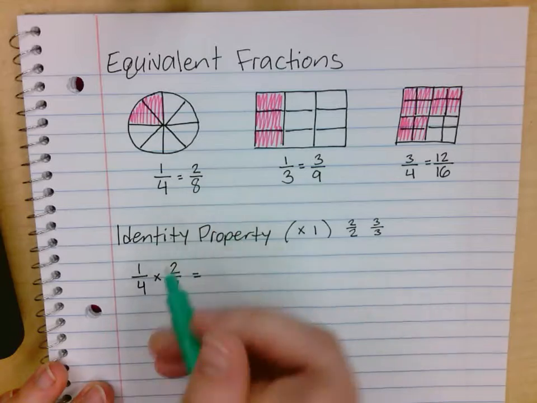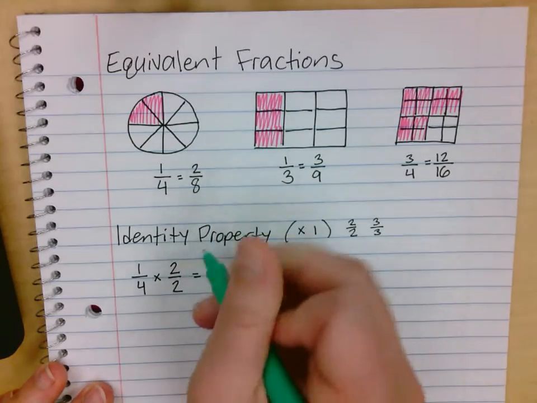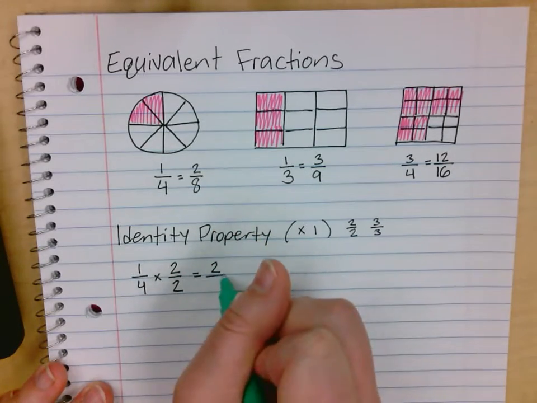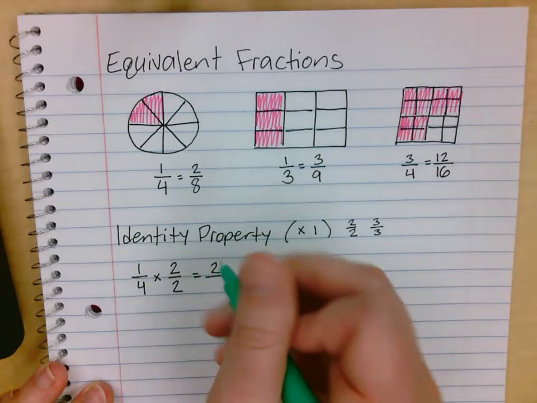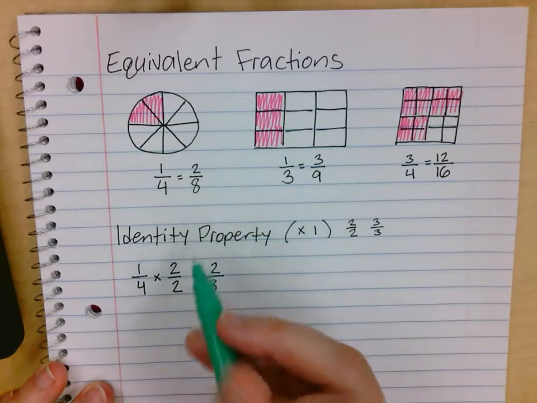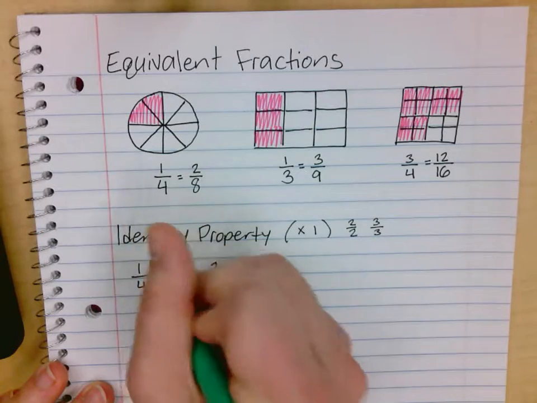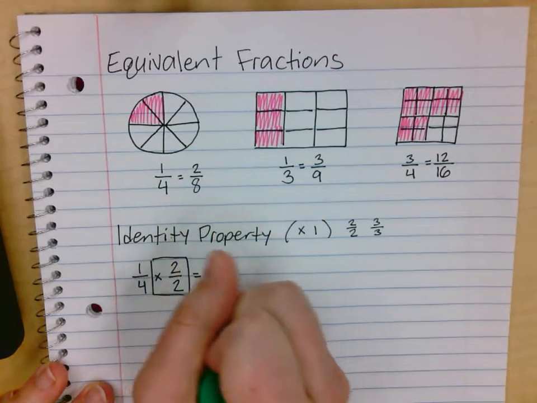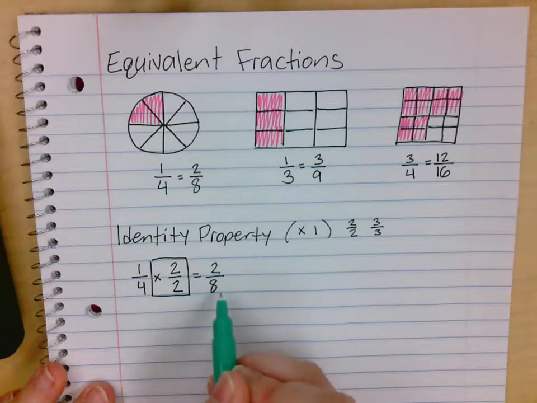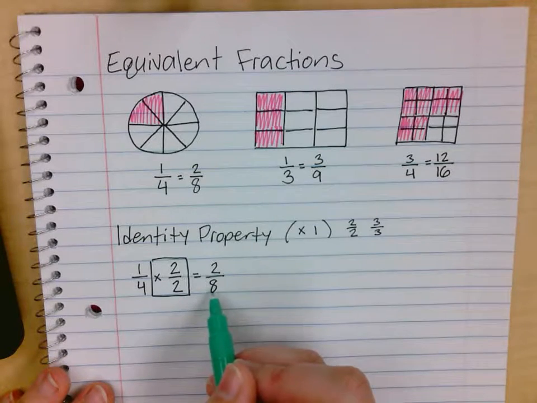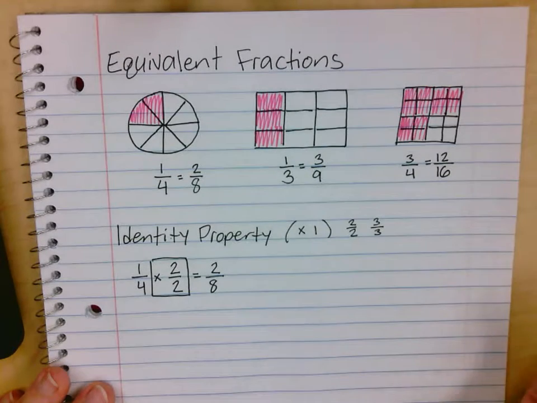So when we multiply our fractions across, we just multiply numerators together, which makes it 2, and then we multiply our denominators together. 4 times 2 is 8. So this is the identity property because this number is equal to 1. So it's the same value on the other side, it's just a different fraction representation.